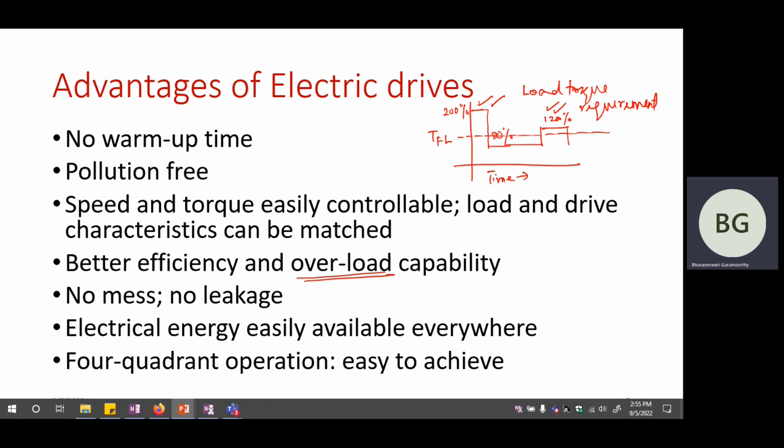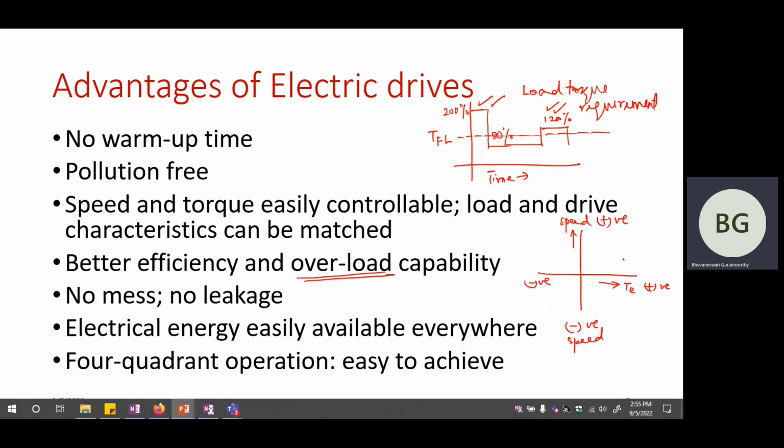What do we mean by four-quadrant operation of an electric motor? If I say that the speed is positive in this direction, that means the speed is negative in this direction. And speed is increasing in this direction. Whereas if I talk about torque, torque is positive here, whereas torque is going to be negative in this direction.